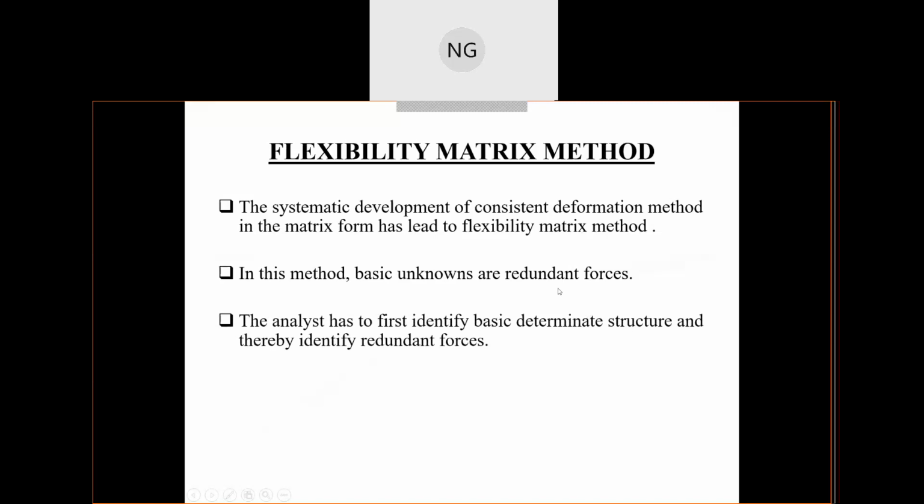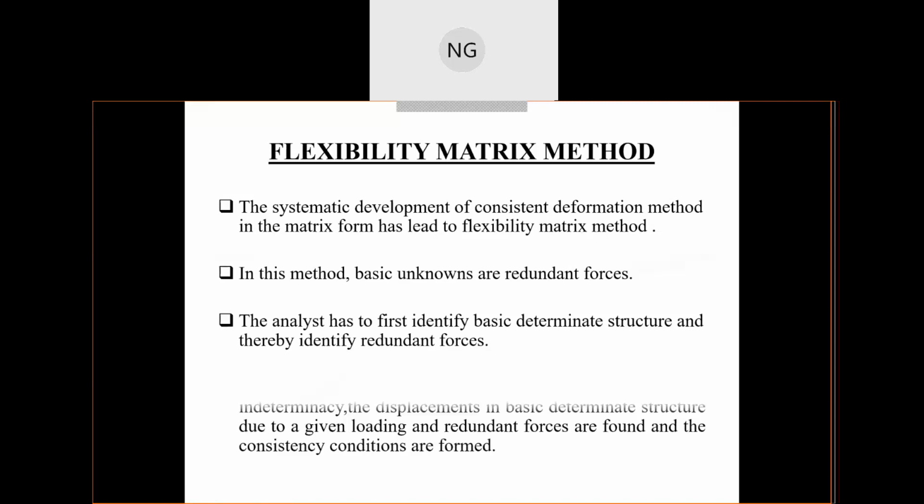The analyst has to first identify the basic determinate structure and thereby identify the redundant forces. The aim of this method is first to identify the basic determinate structure, the determinate reactions present, and also the redundant forces.